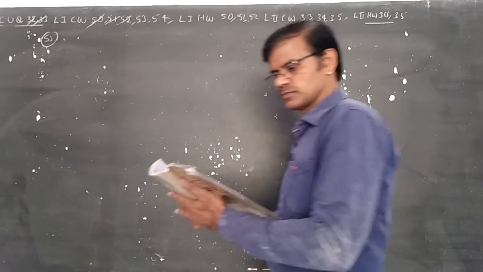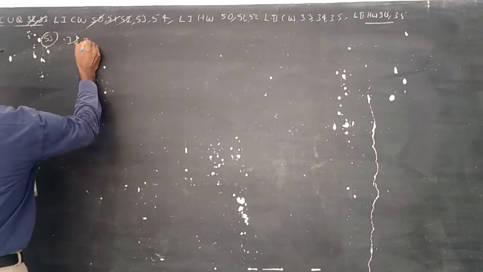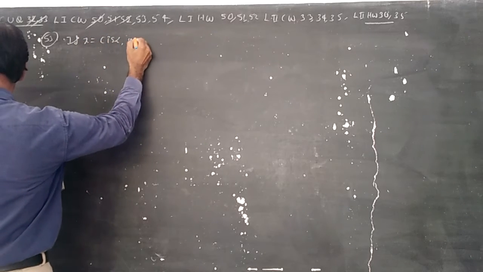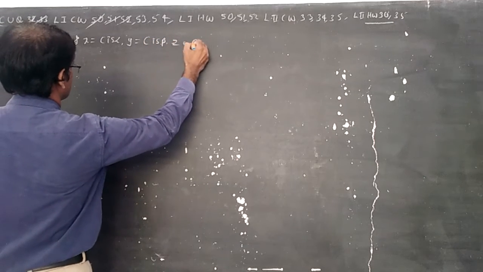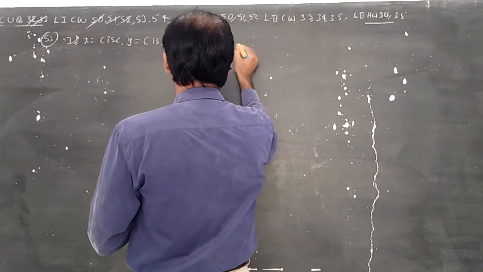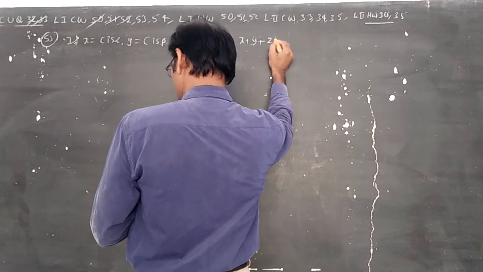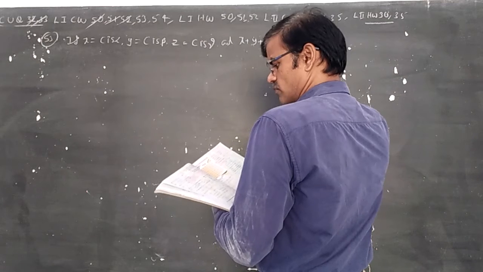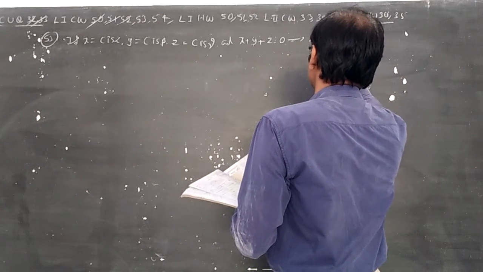Fifty-third question. If x is equal to cis alpha, y is equal to cis beta, z is equal to cis gamma, and x plus y plus z is equal to 0, then what is the value of 1 by x plus 1 by y plus 1 by z?